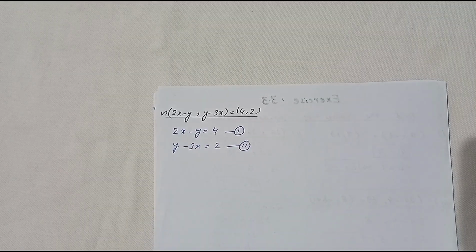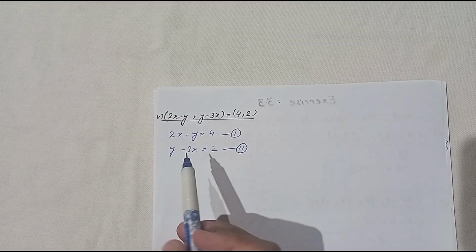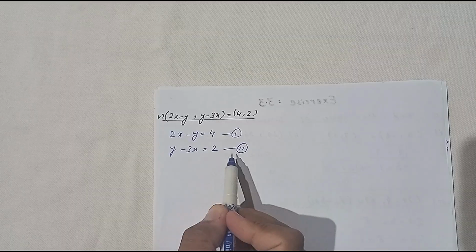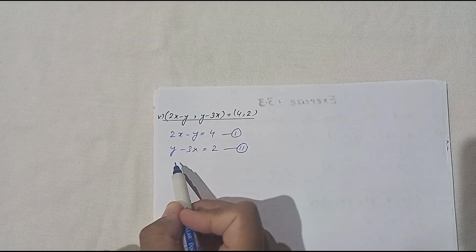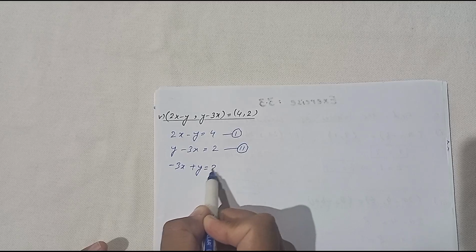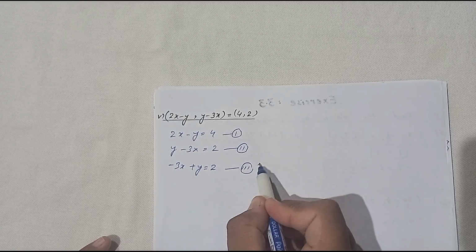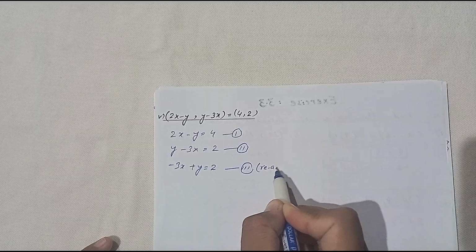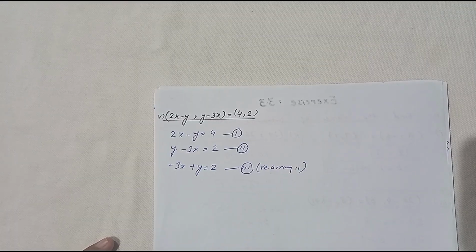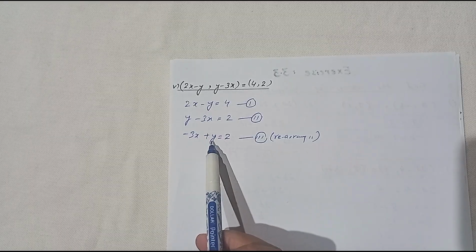Now to solve the simultaneous linear equations, first we have to make the coefficient of one of the variables the same. First we rearrange the second equation, that is minus 3x plus y equals 2. Here you can see the coefficient of y is already the same with the opposite sign.